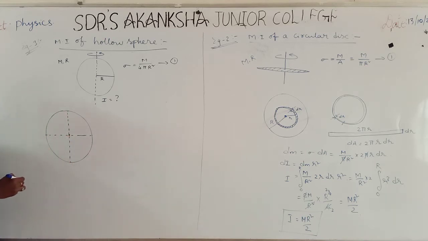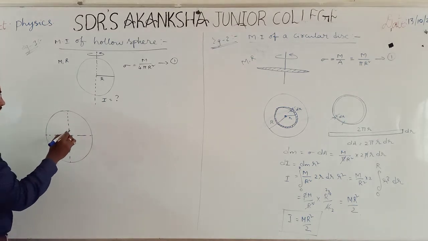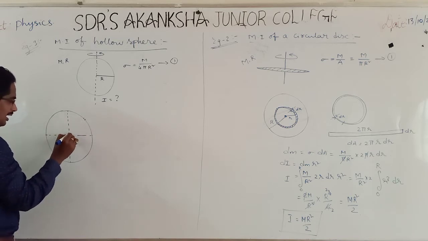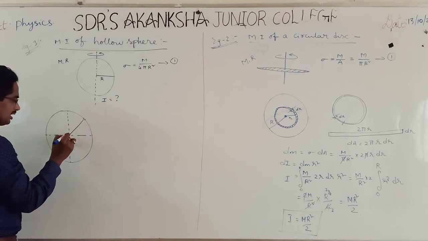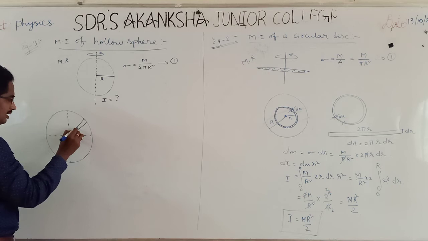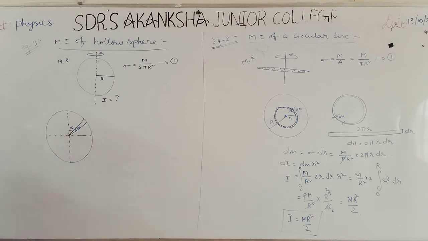If you draw, letting this center be the origin, the horizontal and vertical axes here, I am considering a small elemental ring with an angular width of d theta, at an angle of theta.